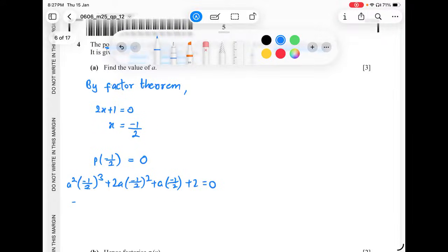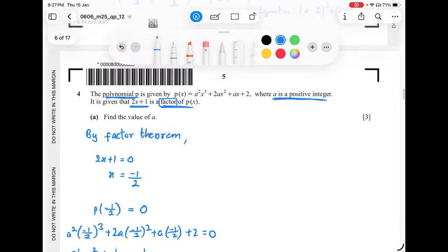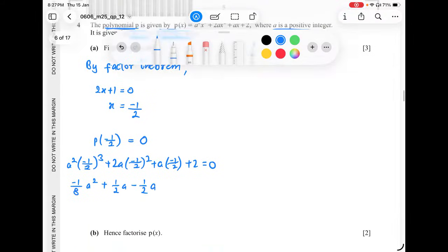Now when you do the expanding, so negative 1 over 8 a squared plus, this should be 1 over 4. So then 1 over 4 times 2 would be half a plus minus, so since it's a negative here, negative half a. So let me just get that correct. Yeah. And plus 2 is equal to 0.